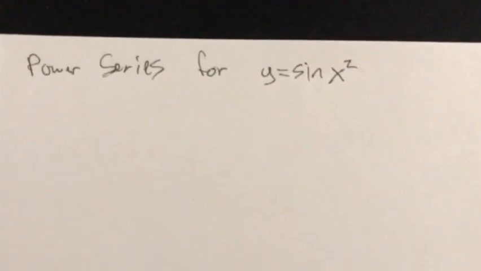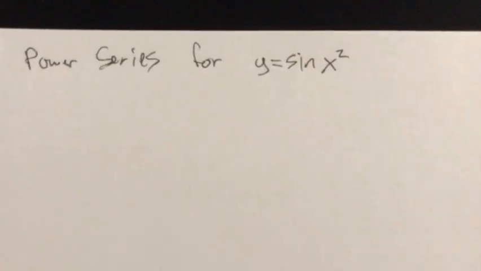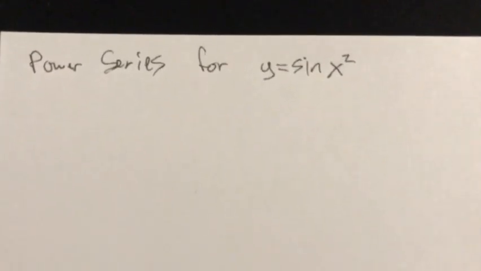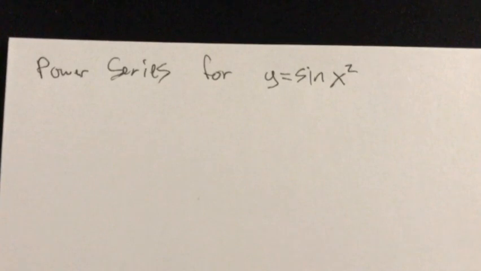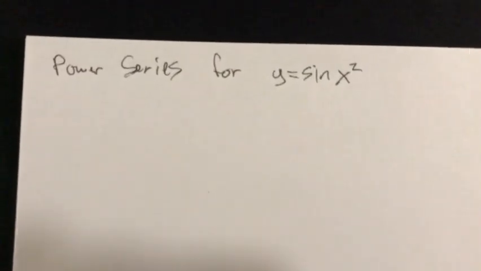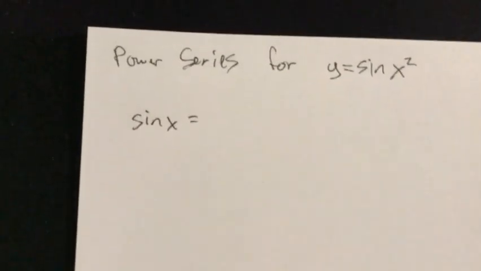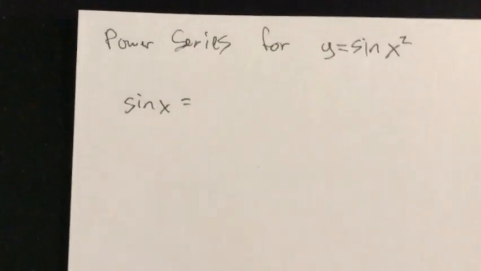The idea is this. We know what y equals sine of x looks like. Or maybe I should say we should know what it looks like by the time the test rolls around. We've seen the series. I listed it as one of those functions that we should know. But we know that sine of x is equal to, and I have to think for a moment about this one. Sine's an odd function, so I'm going to have odd powers.